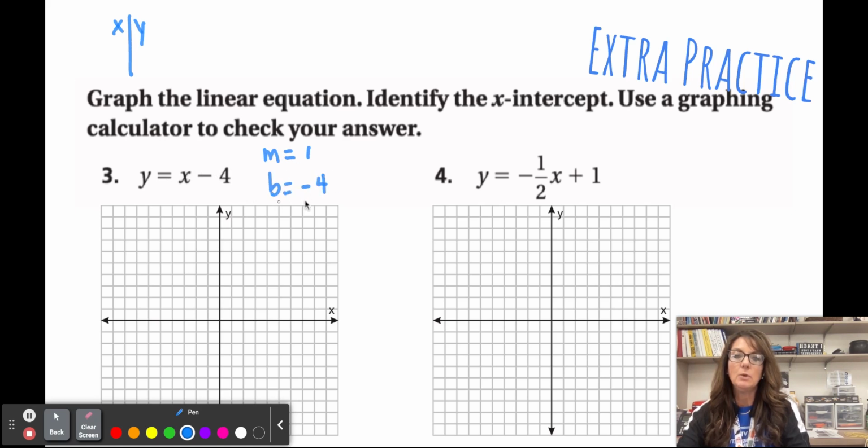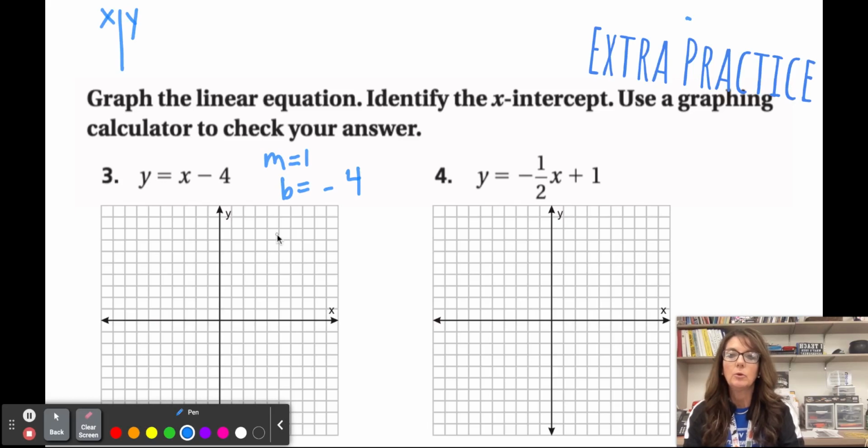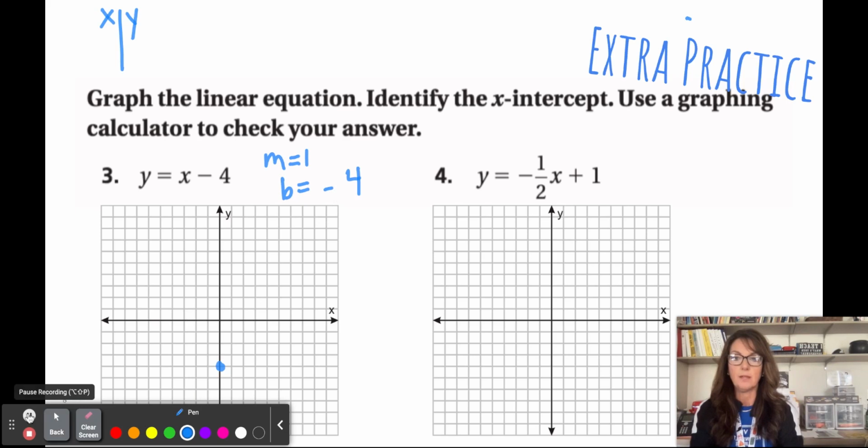So we're always going to begin with the b, right? We will be graphing starting on the y-intercept. So we will count down 4 places. 1, 2, 3, 4. So this is y is equal to -4. Remember, this is represented by the point 0, comma, -4. That's the y-intercept.